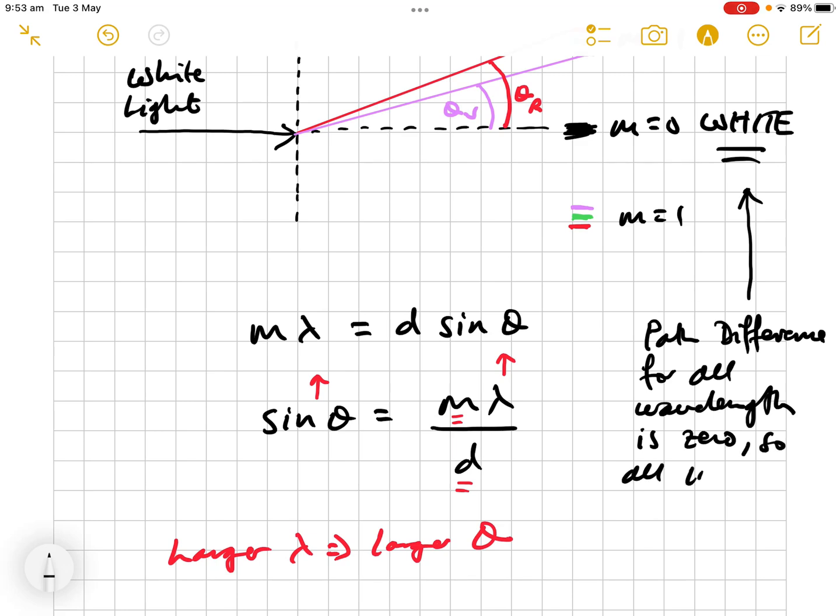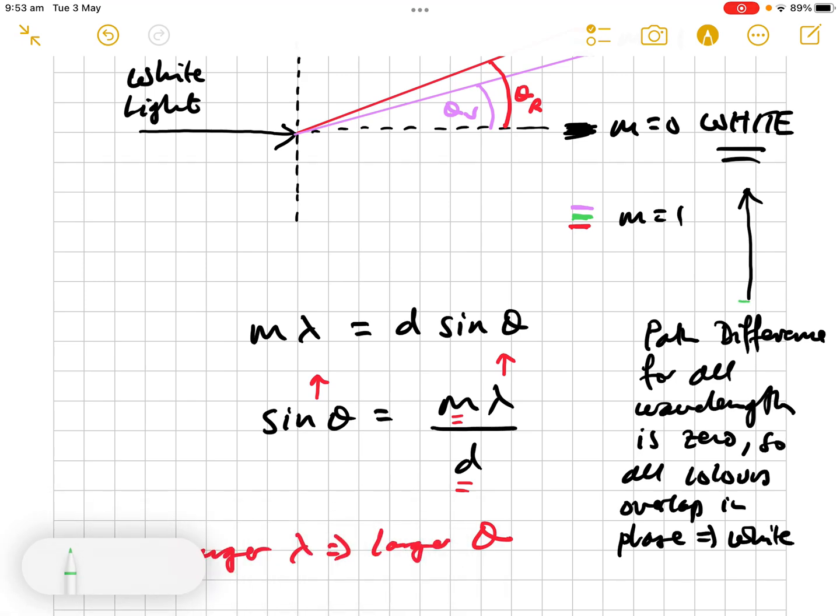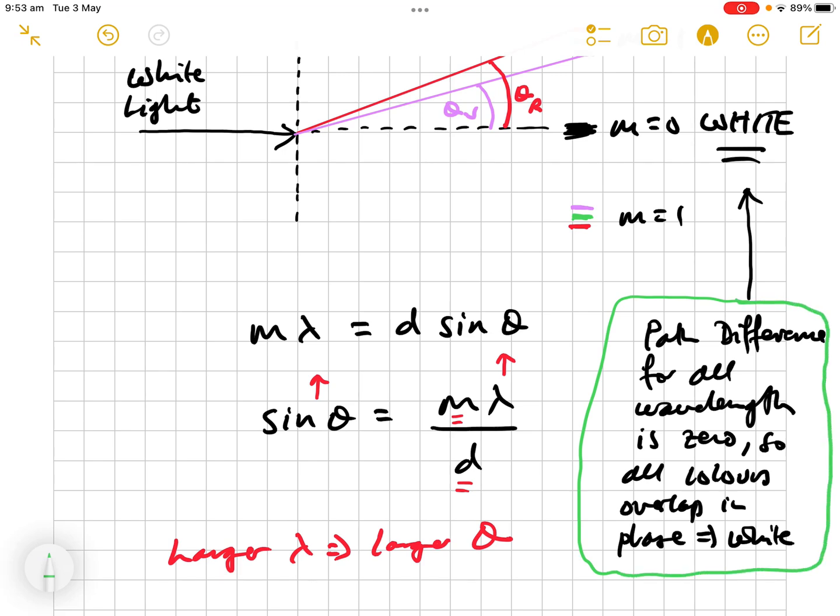So all colors overlap in phase to give you a white maximum. It comes up in exams, that question, so it's actually worth just even memorizing that, should it ever come up.